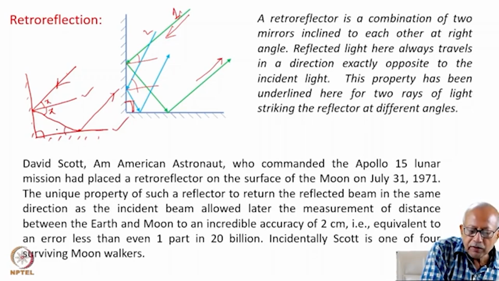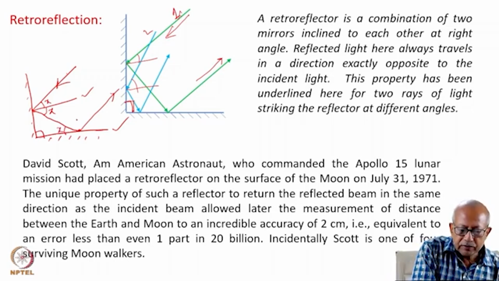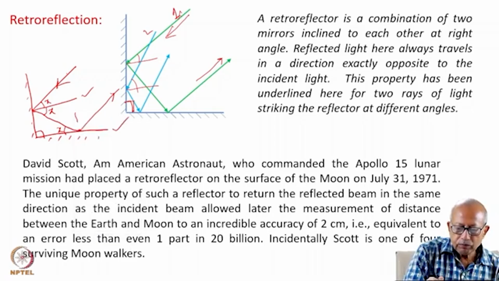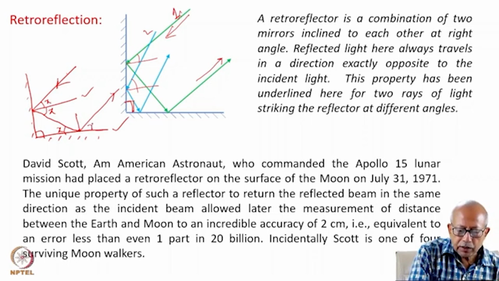Therefore, this angle is also x. And if we draw a perpendicular, then this angle too is x, because this and this are equal.